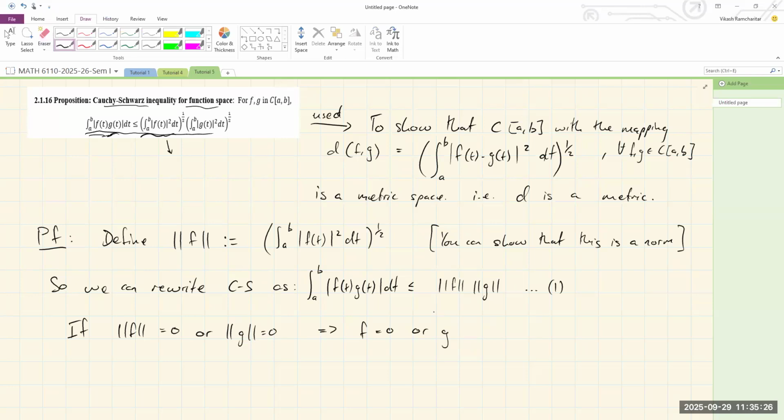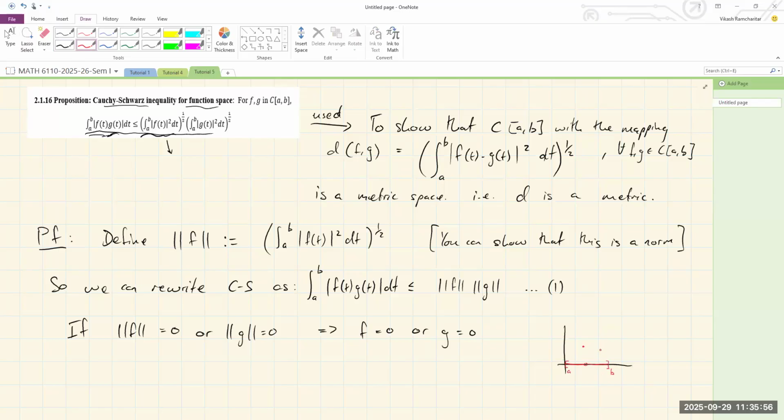And again, this is only because f and g are continuous functions. Remember, if f and g were not continuous functions, for example, if f was a function like this, where it was 0, and then it was non-zero at one point, and then it continued to be 0.